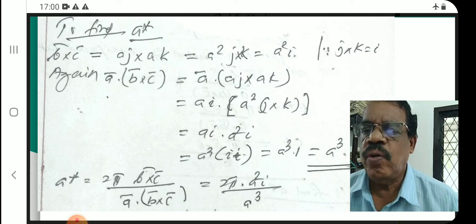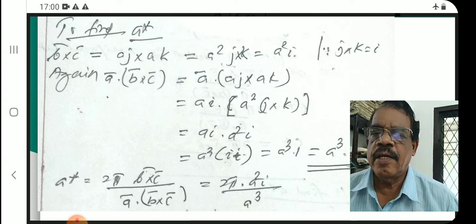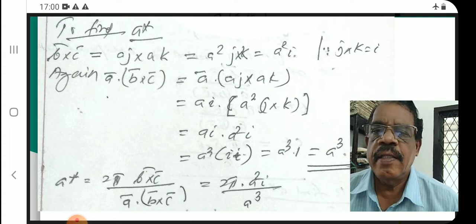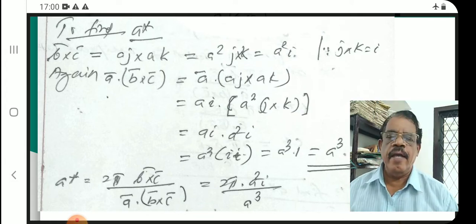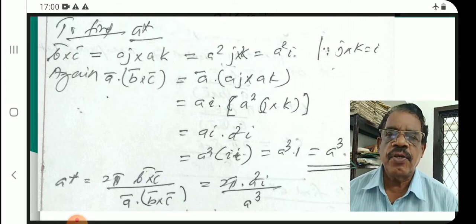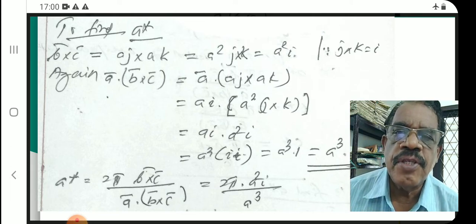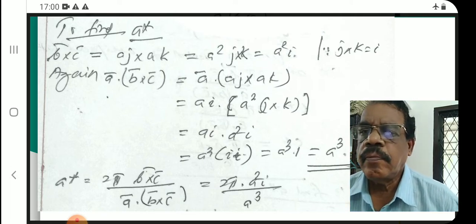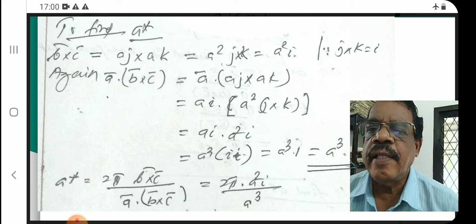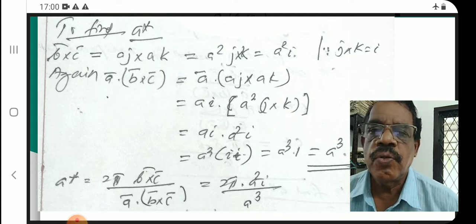Before that, we have to calculate b cross c. b cross c is equal to aj cross ak, so we write a into a square, j cross k. j cross k is equal to i, that you know, in a cyclic order. i cross j is equal to j cross k is equal to k cross i. So b cross c equal to a square i.